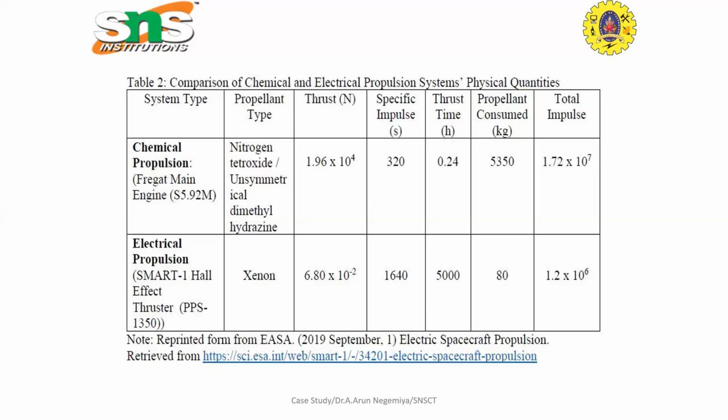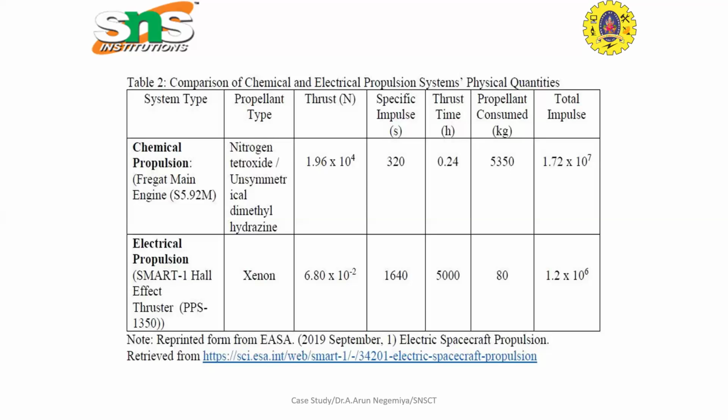For chemical propulsion, the fuel reacts with the liquid and burning happens. For electrical propulsion, the ions, positive and negative, are bombarded from one place to another, and due to this reaction the electrical propulsion takes place.